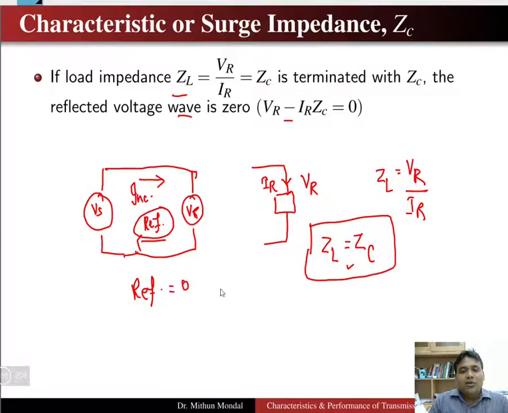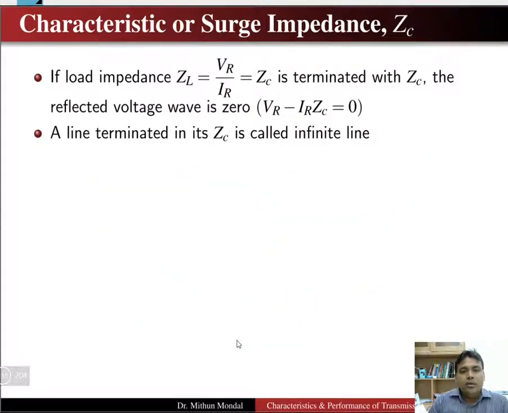The reflected voltage wave is given by the equation VR minus IR into ZC is equal to 0, where ZC is the characteristic impedance or the surge impedance of the line. Now any line which is terminated with ZC, that is, if your value of ZL is equal to ZC, is known as the infinite line.